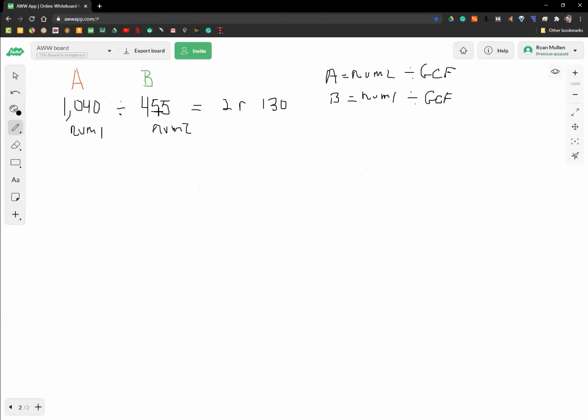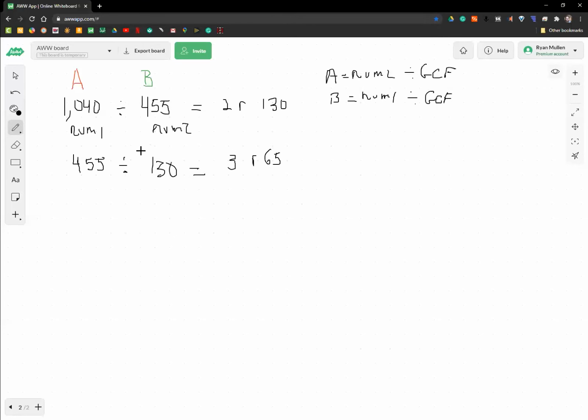Now you gotta remember the small number becomes the large number, and my remainder becomes my small number. 455 divided by 130 goes in 3 times, and my remainder there is 65.